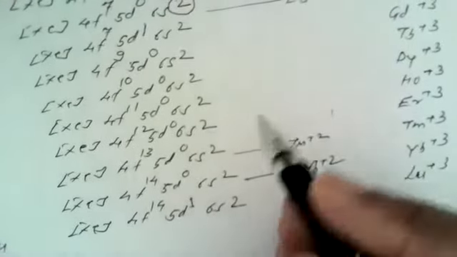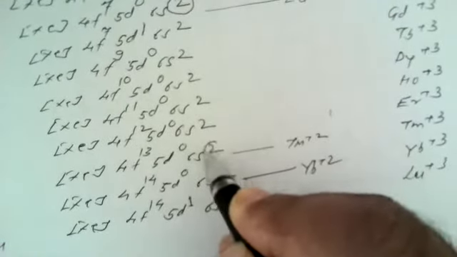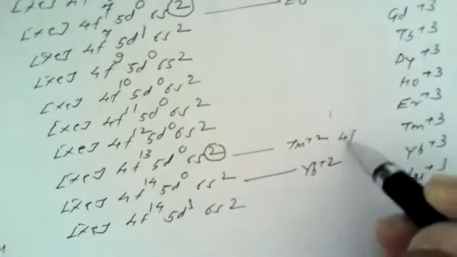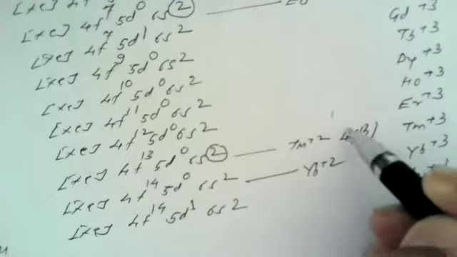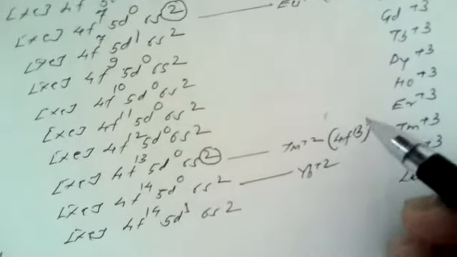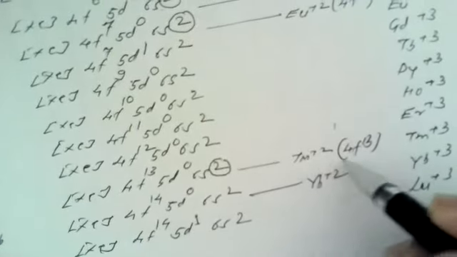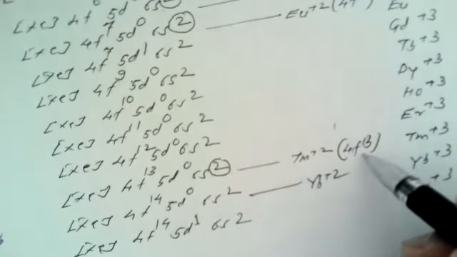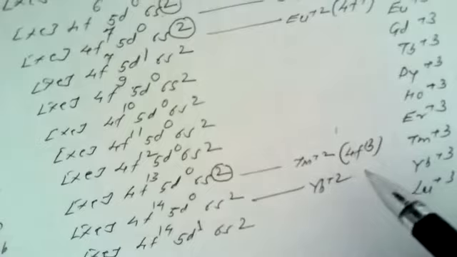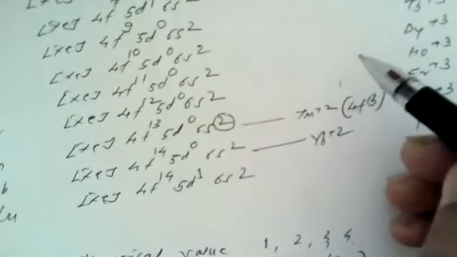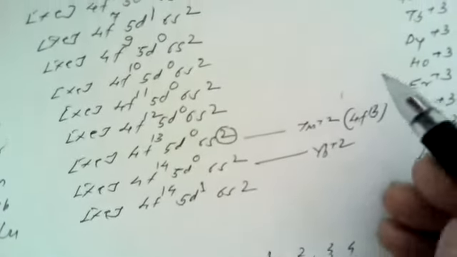So after loss of these 2 electrons, the remaining part is 4f13. So write down in bracket as 4f13. So thulium plus 2 outermost electron configuration is 4f13. Then next member is ytterbium.